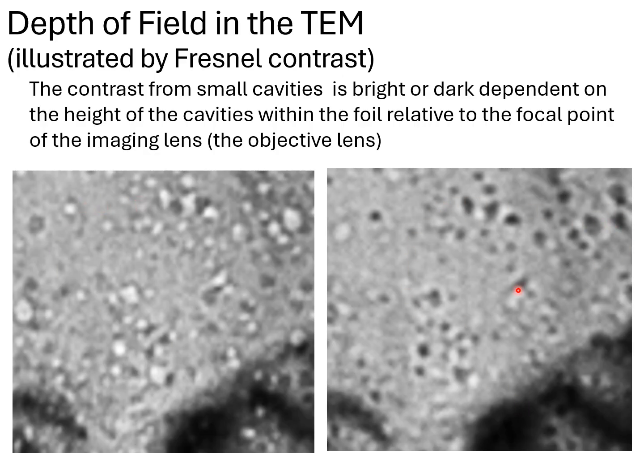All the ones that are dark in this image are at one height within the foil, and all the ones that are dark in this image are at a different height within the foil. So we can use that Fresnel imaging technique to better understand the relative spacing or the relative distribution of real cavities within a foil.